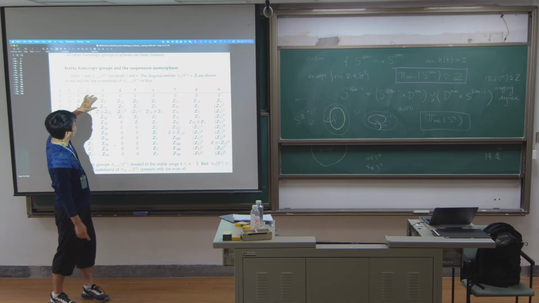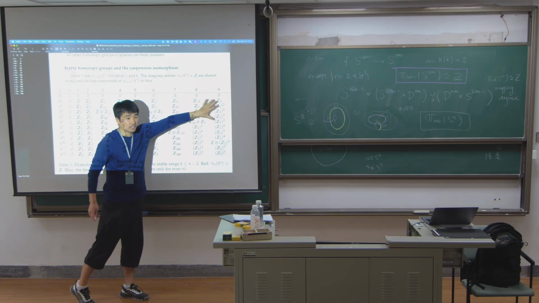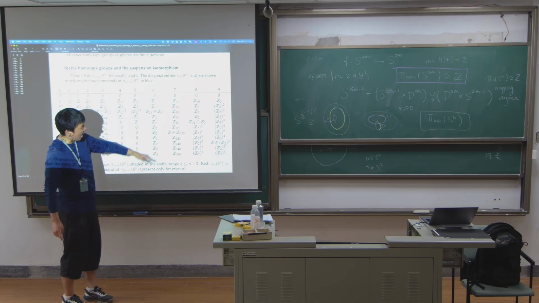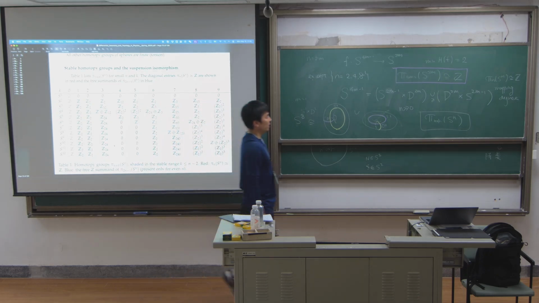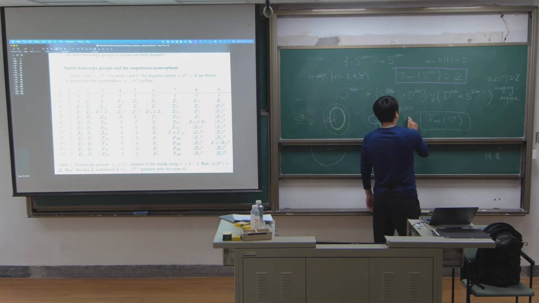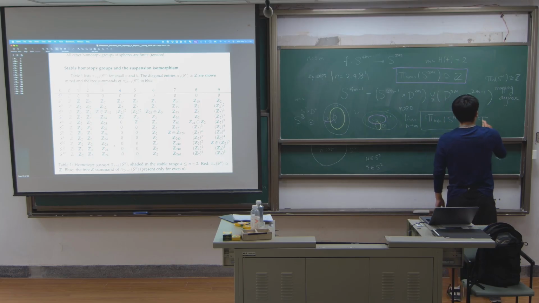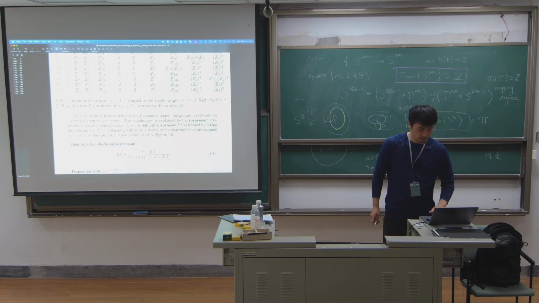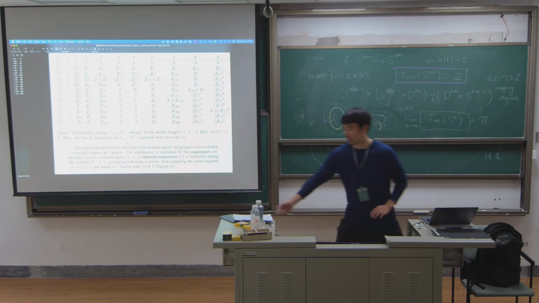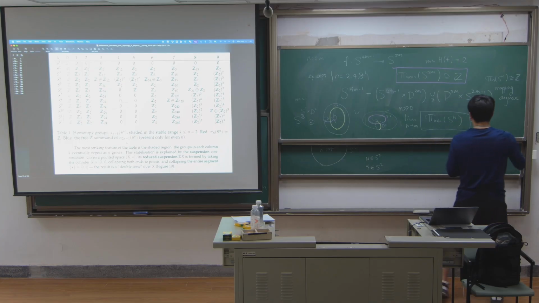Even though the previous part around here is kind of messy and they're not equivalent, if you increase n, it will stabilize. So when you take the limit in n, you can consider something called the stable homotopy group.